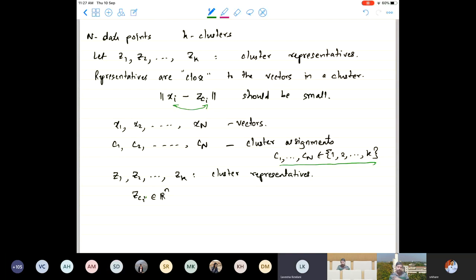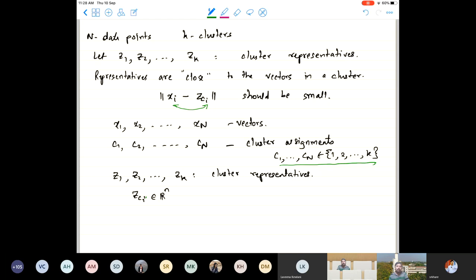One more question: for each vector you are doing a cluster assignment, C1 to Cn, with respect to the vectors x1 to xn. Please understand, C1 is not a vector.